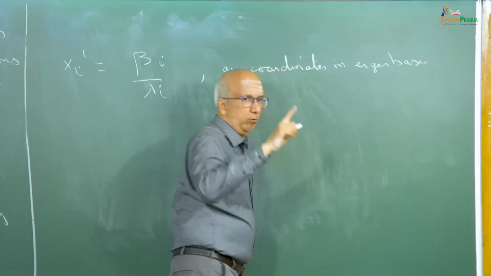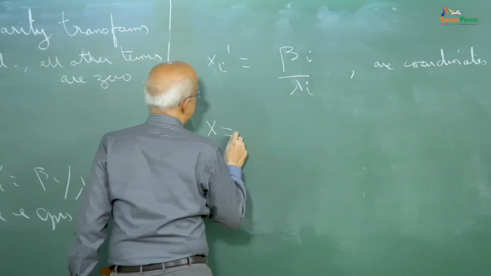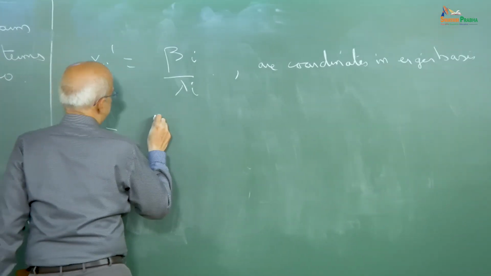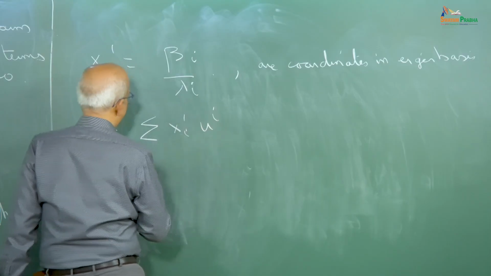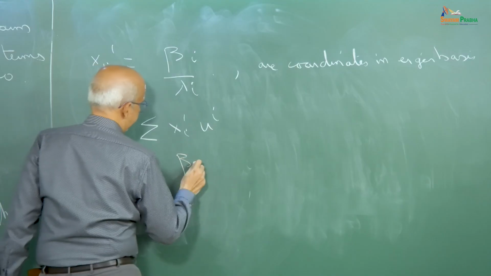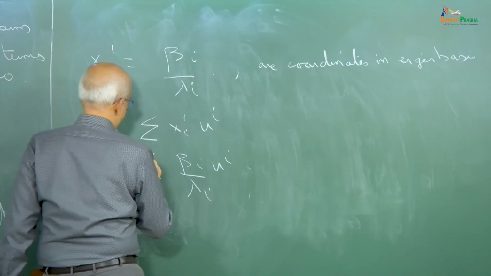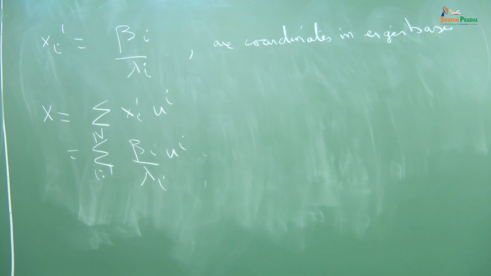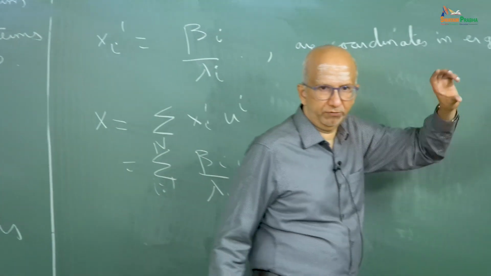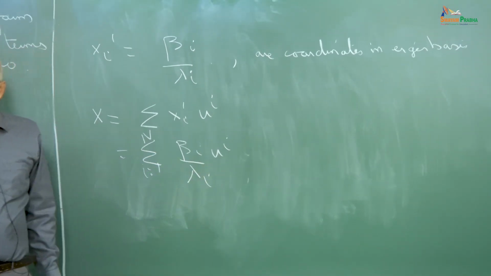I want it in my original basis. X, remember, is basically sigma xi dash ui, which is beta I by lambda I ui. So, these are the coordinates in the eigenbasis, the coefficients, and so when I want to get the actual solution, I have to do this.